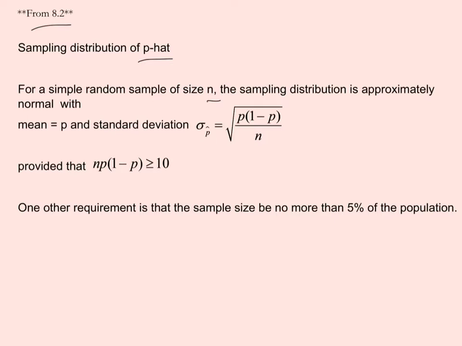And so we verify normality with the distribution of p hat. And then we have the 5% of the population. Our sample size has to be smaller than that. So this is just content that we saw in the last section that will still apply here.